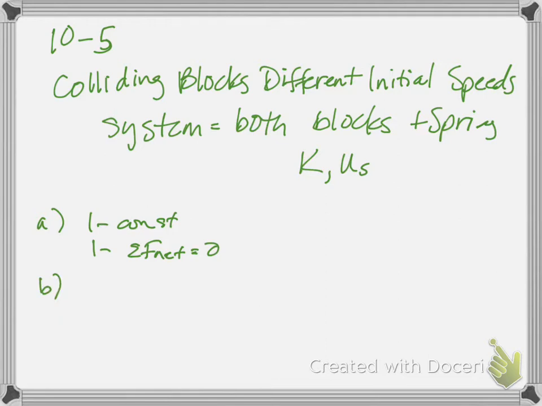Part B, indicate whether the mechanical energy of the system is constant between t1 to t3. All right, now during t1 to t3, we've got the collision happening, but we have been told, and you've written down, that it is an elastic collision. So we get a point for saying mechanical energy is conserved, and some attempt at an explanation, okay?